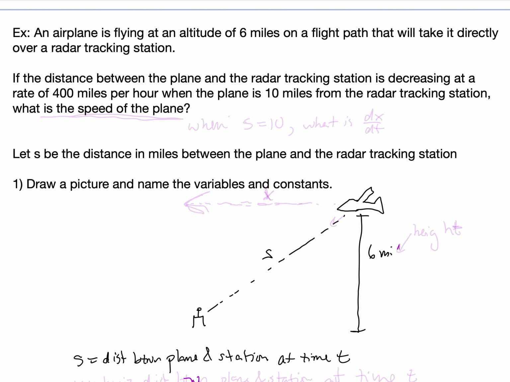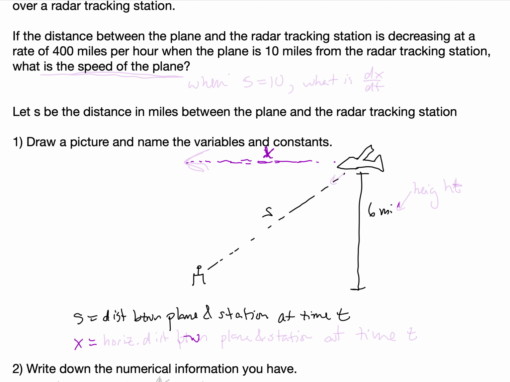What other distances might we be interested in? Well, anytime you see something that looks kind of like a right triangle, you might end up thinking Pythagorean theorem. So in this case, another distance that will be of interest is the horizontal distance, x.